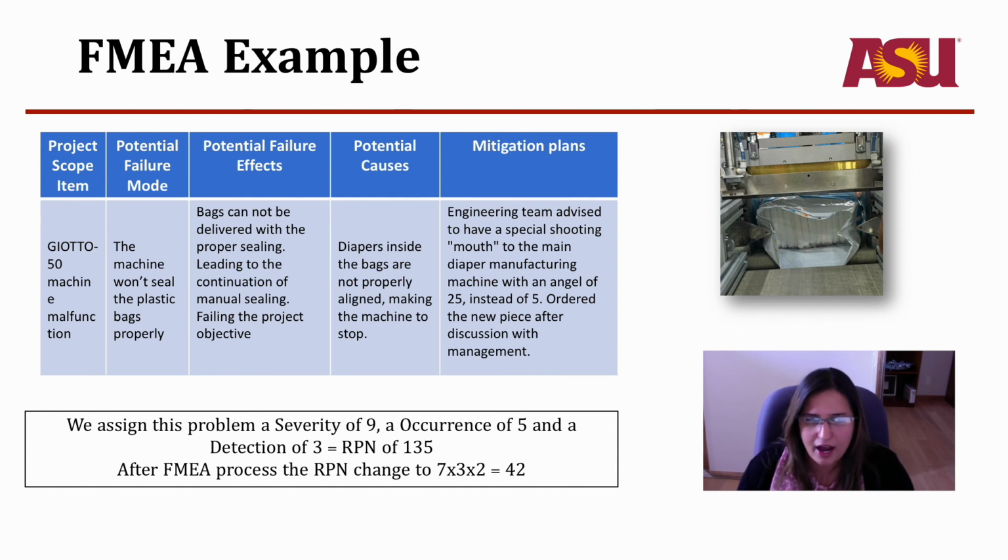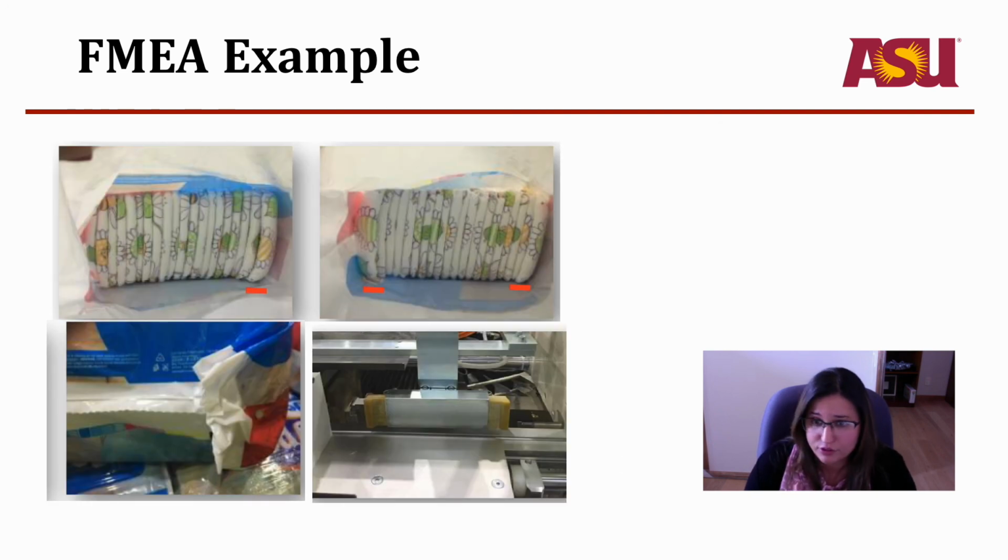After our FMEA process, the RPN changed from 135 to 42. This process actually happened, and the shooting piece was added to the main machine, lowering the risk of the sealing machine malfunctioning. This actually happened last semester when I did my capstone project.